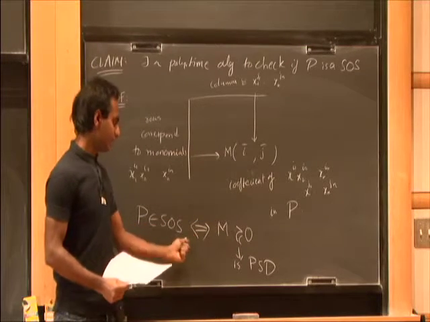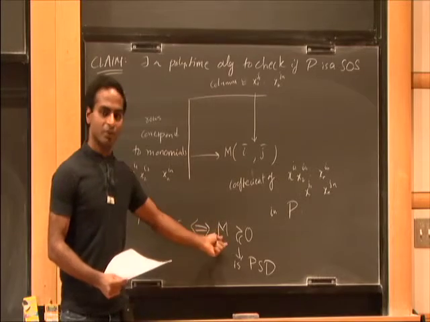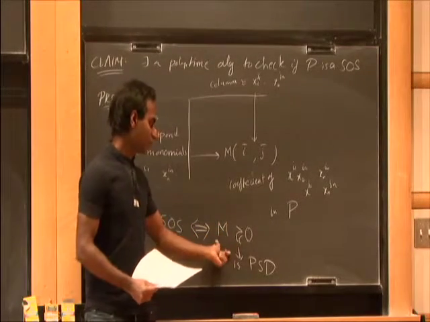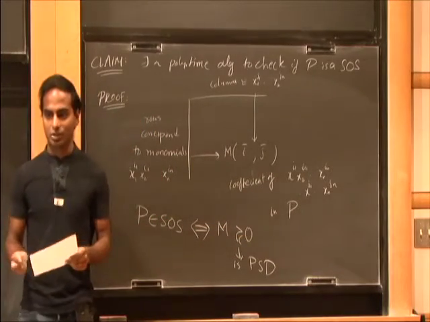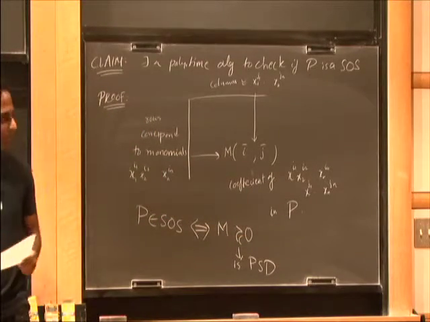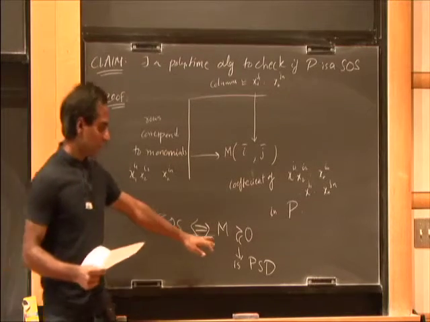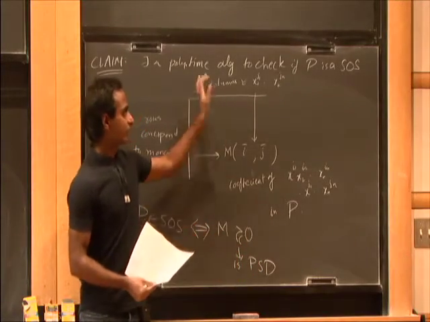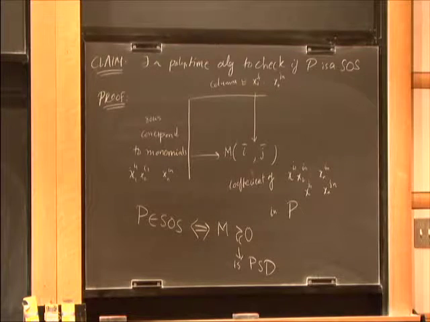Basically, one direction: given P, which is a sum of squares, you can directly show that M is positive semi-definite. And if M is positive semi-definite, you look at its factorization and rediscover the sum of squares representation of P. Now we know that checking whether a matrix is PSD or not is polynomial time, so you get the claim. That's where the connection to semi-definite programming and semi-definite hierarchies comes in.